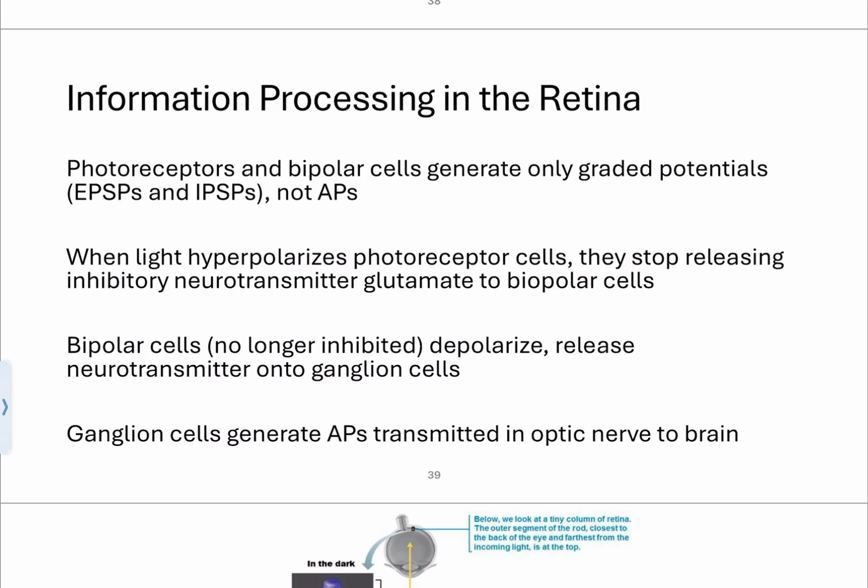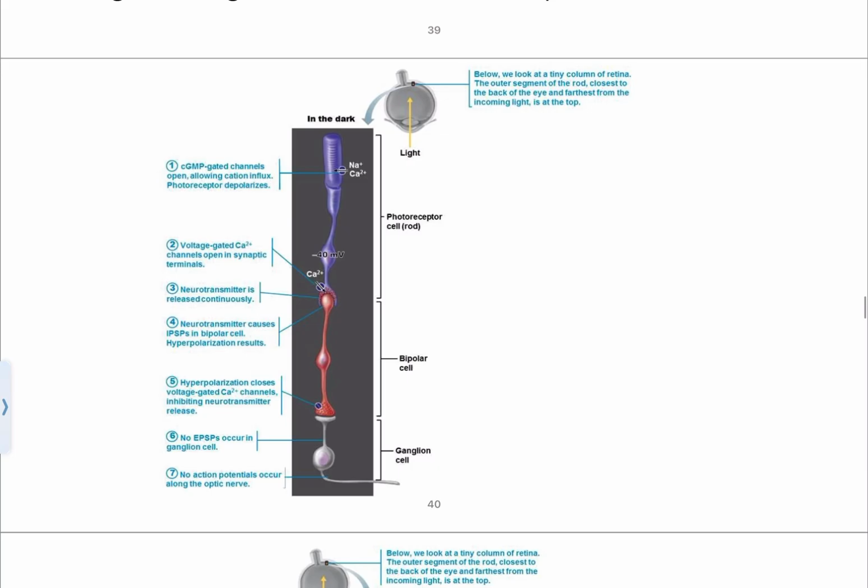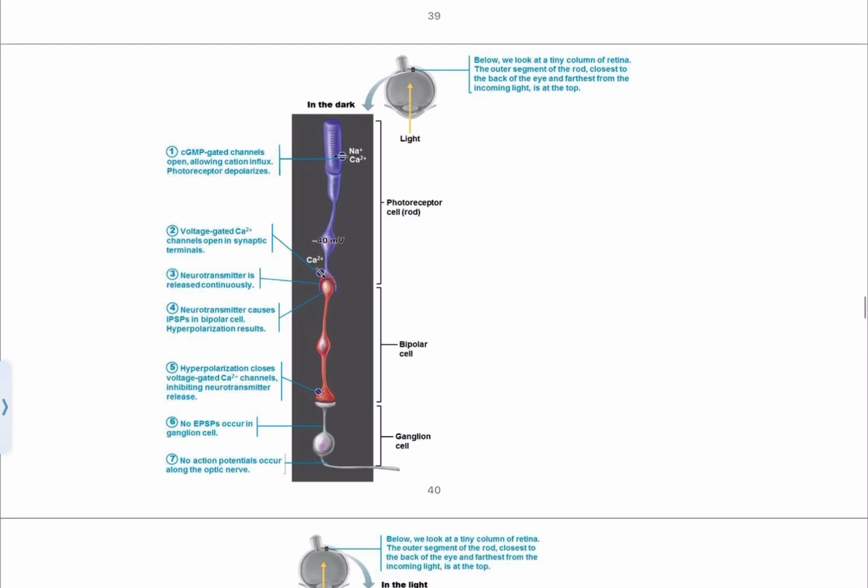So photoreceptors generate receptor potentials, and the bipolar cells generate either excitatory or inhibitory postsynaptic potentials. If we're talking about an excitatory potential, it's going to cause depolarization. If we're talking about an inhibitory potential, then it's going to cause hyperpolarization.